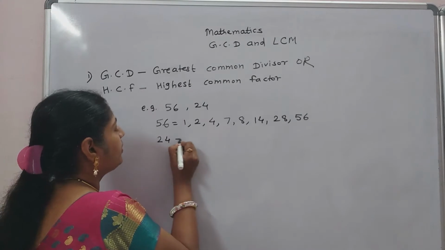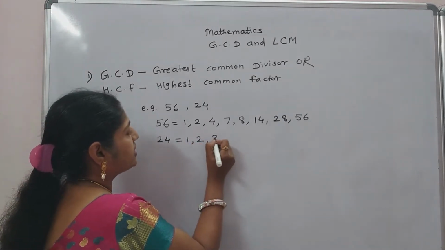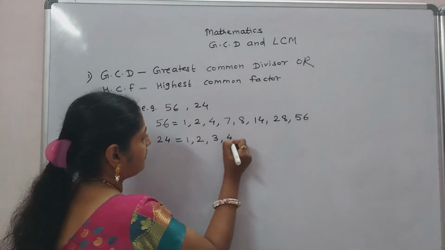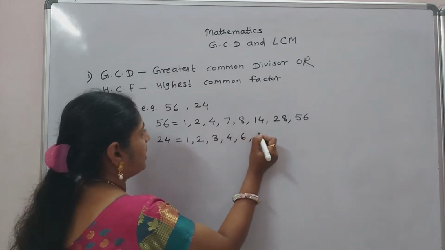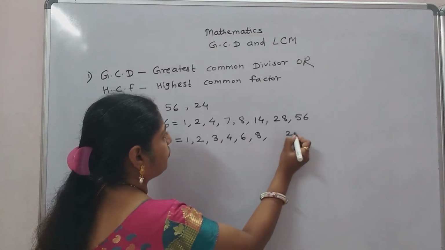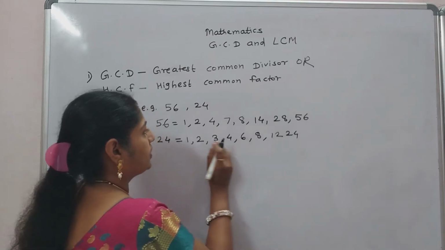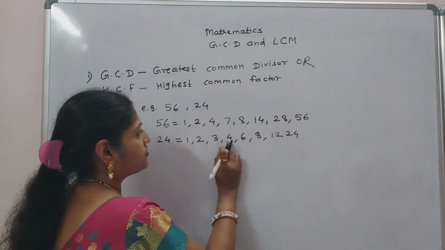Now write all the factors of 24. 1, it is divisible by 2, by 3, by 4, 6, 8, 12, 24: 1 into 24, 2 into 12, 3 into 8, 4 into 6.